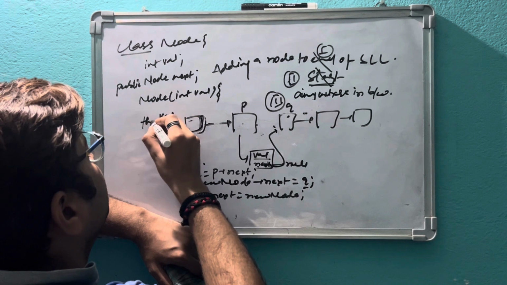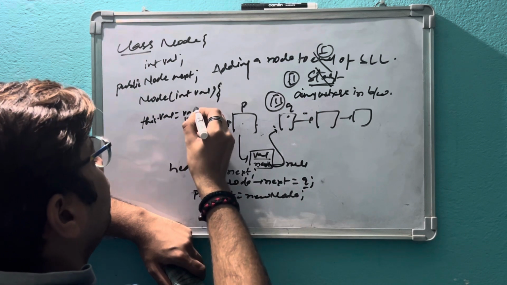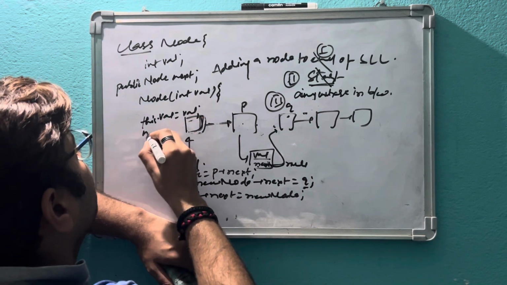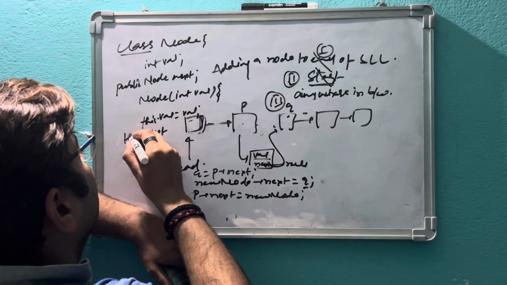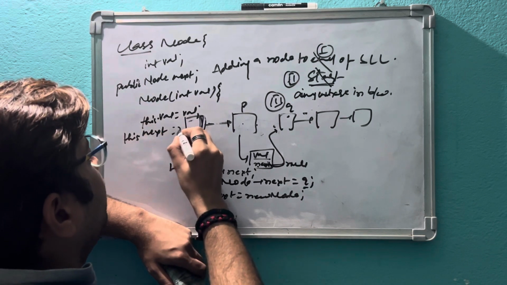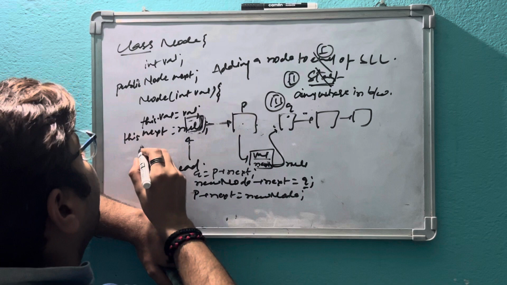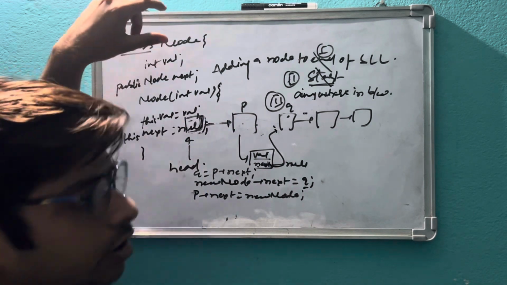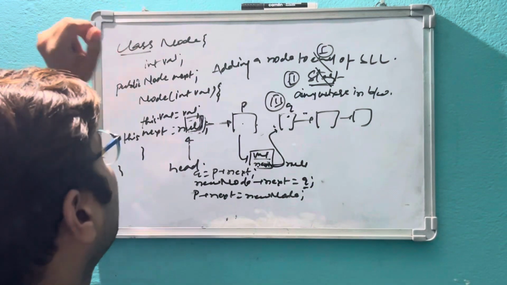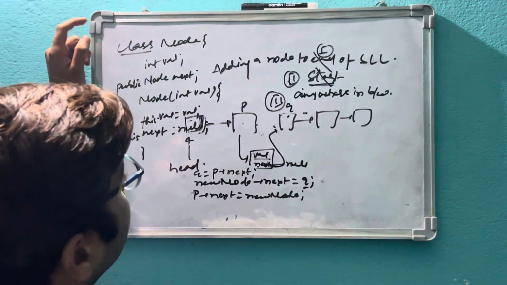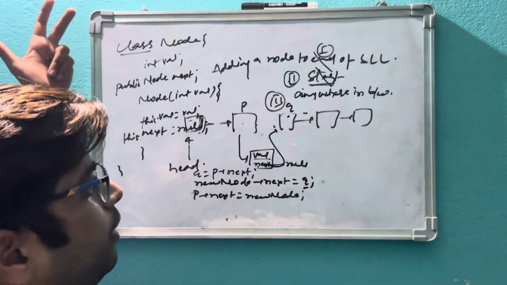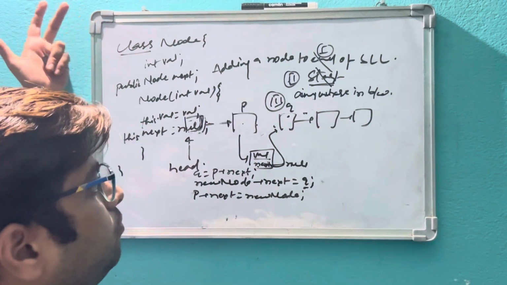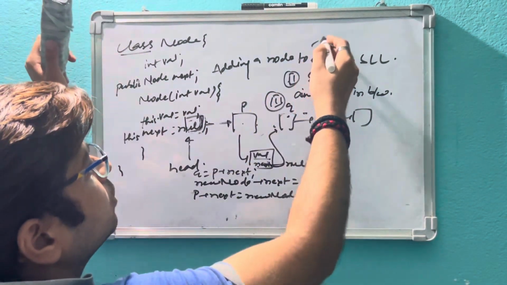So this dot val would contain val, and this dot next would contain null, since we are not providing any link to the new node while creating it, right? So in this way, you could go ahead and create a singly linked list and perform these three operations.